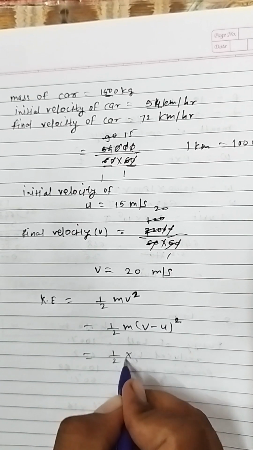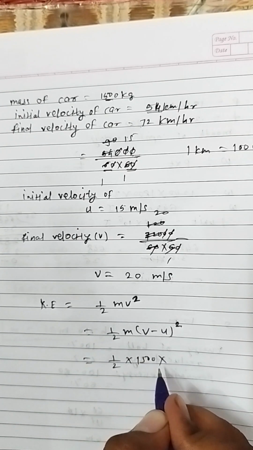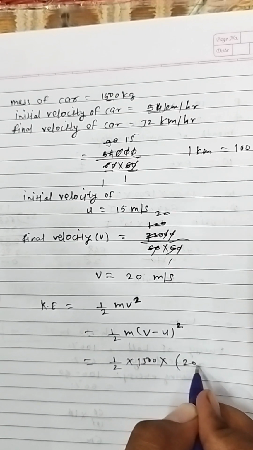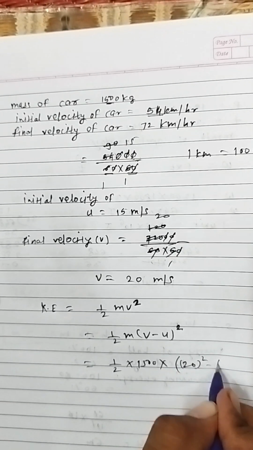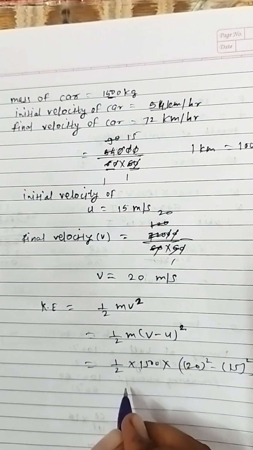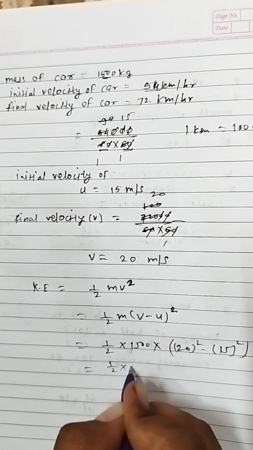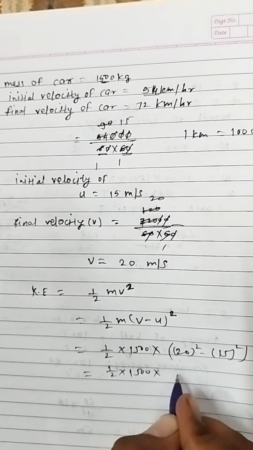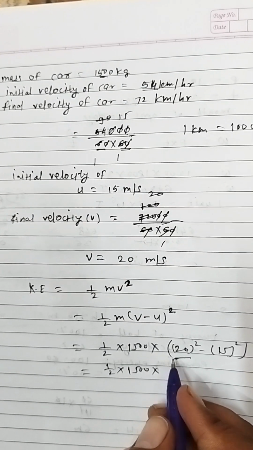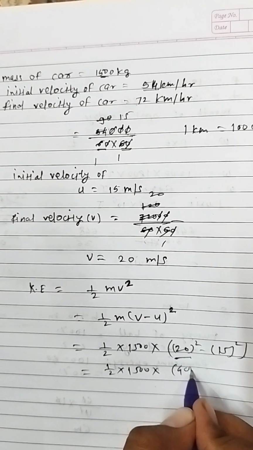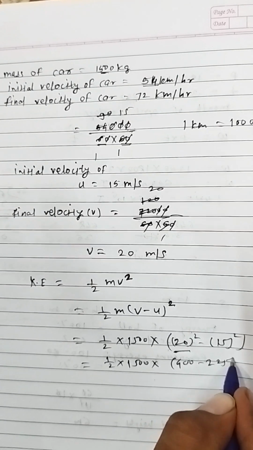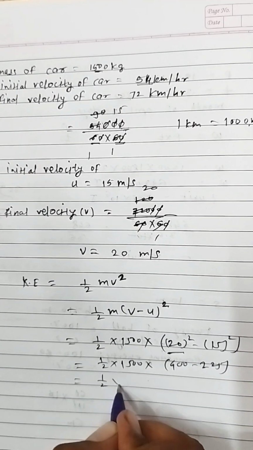So 1/2 into 1500 multiplied by 20 square minus 15 square. That is half into 1500 multiplied by 400 minus 225. So what will you get?